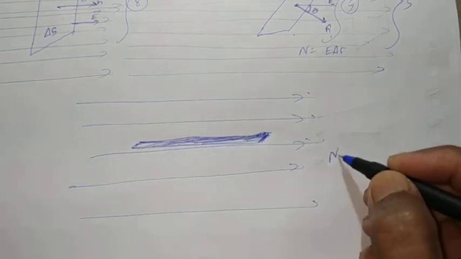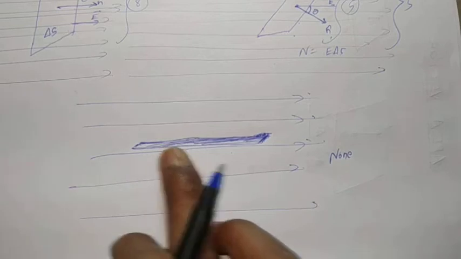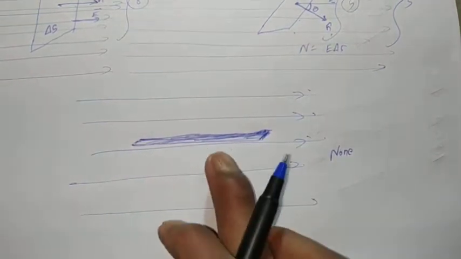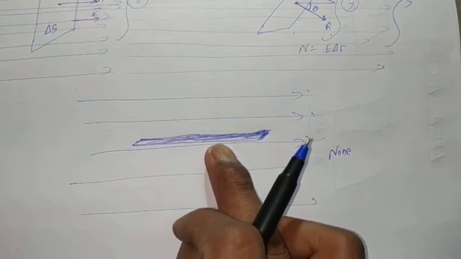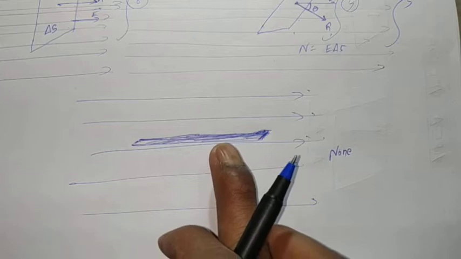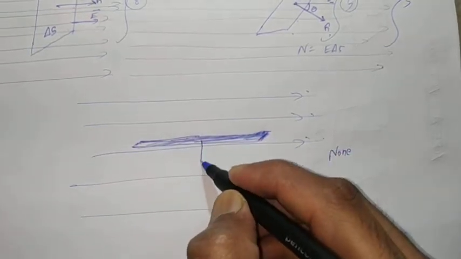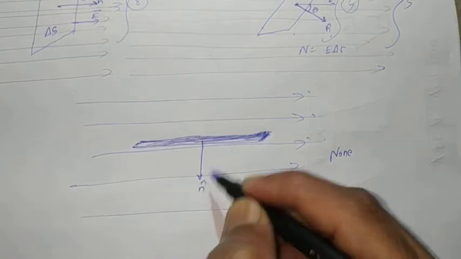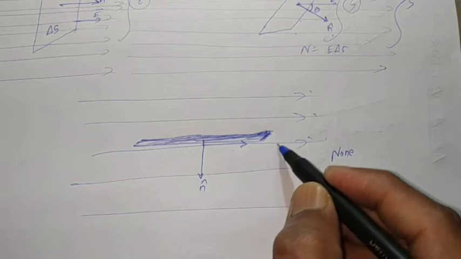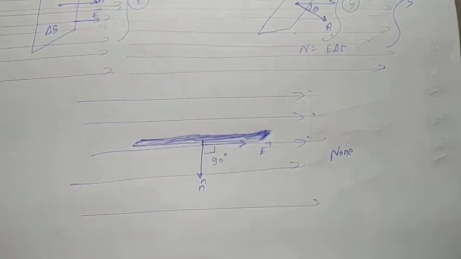None. So here the number of electric field lines is 0. The electric flux is 0, just because none of the field lines are passing through this area. Now consider this area vector is downward, exactly perpendicular to this surface, but the electric field vector is in this direction, so the angle between them is 90 degrees.